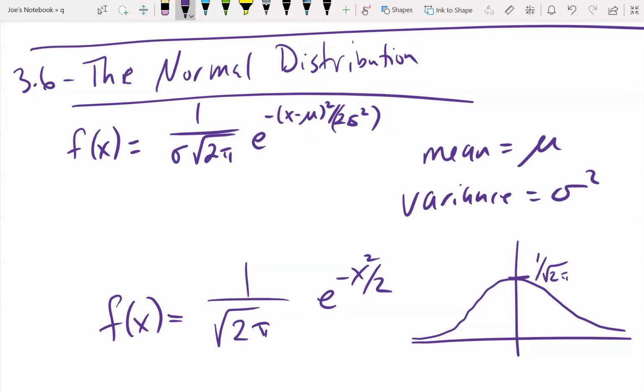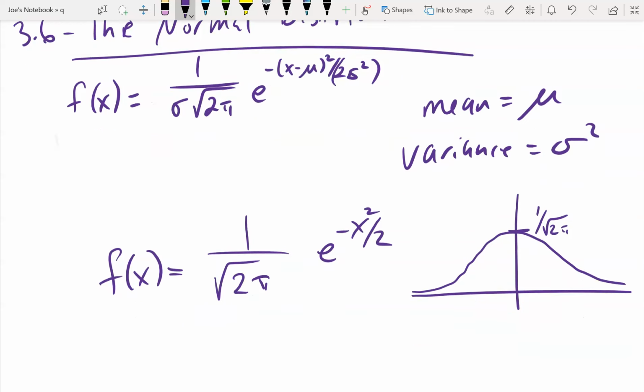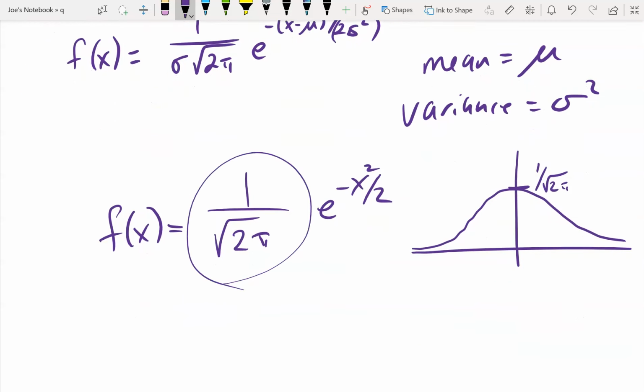We had a pi over 4, and it was squared, so we did the square root of it. I have square root of pi over 2 for each of the 4 quadrants. So that comes up with square root of 2 pi. That's where that comes from. So that's why there is this particular constant out in front: to make it a PDF and make it equal to 1.